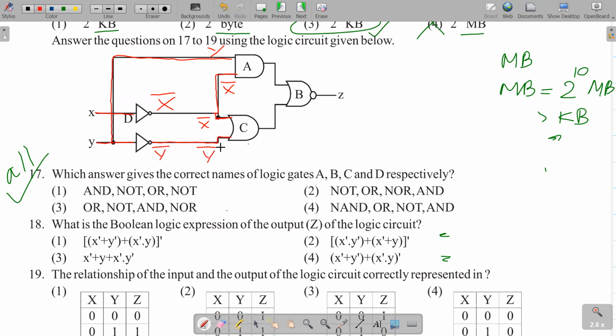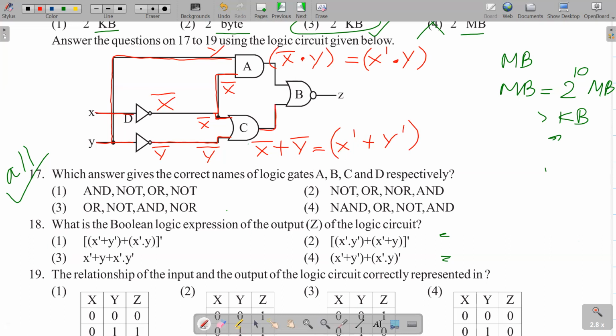Y bar will be visiting gate C, that means the OR gate. Now gate A, the AND gate, is going to give X bar dot Y, or in other terms X dash dot Y. And C is going to give X bar plus Y bar, or X dash plus Y dash.